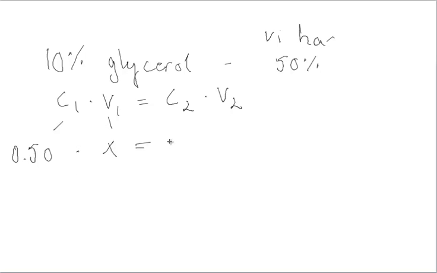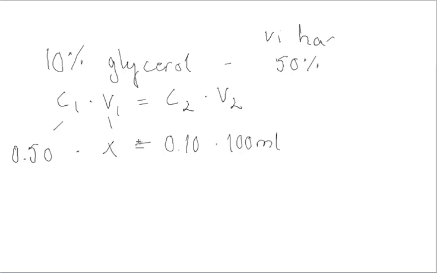C2 is 10%, which also can be written as 0.10, times 100 milliliter. And now we have both the percentages as decimals, 50% as 0.5 and 10% as 0.10.